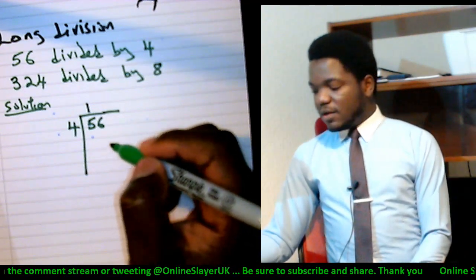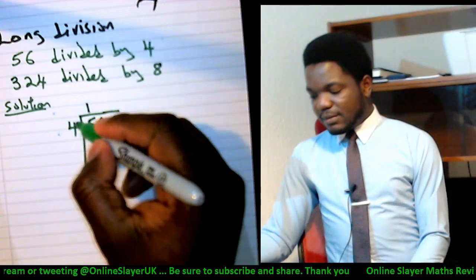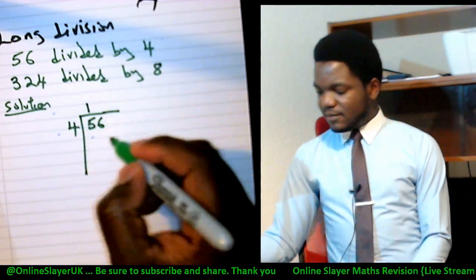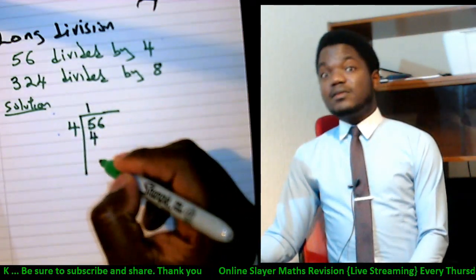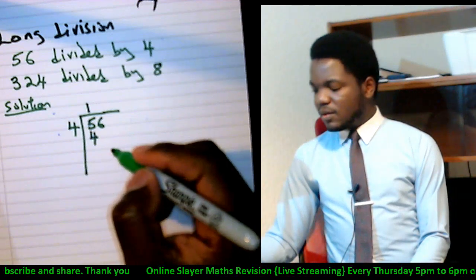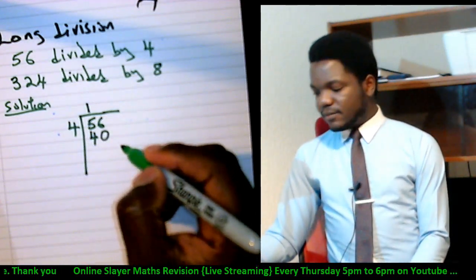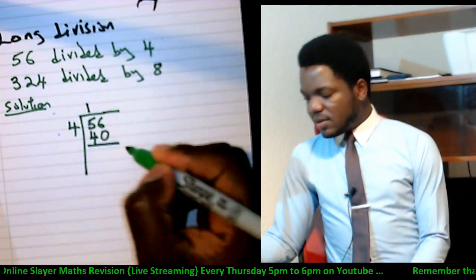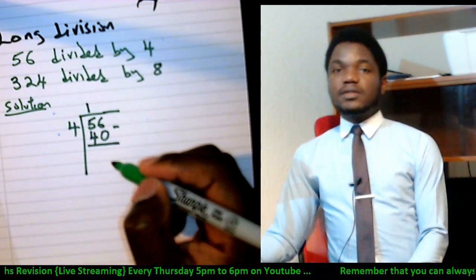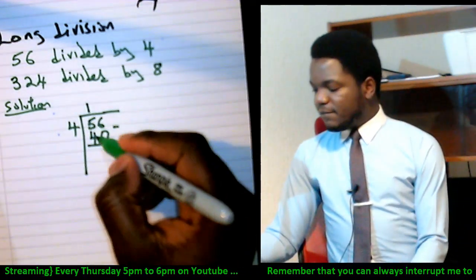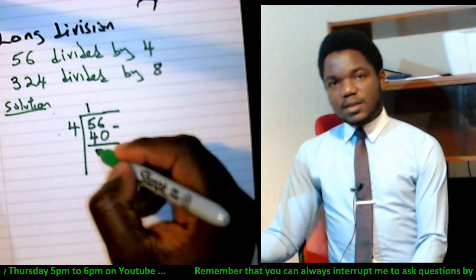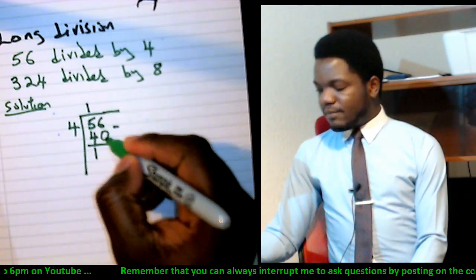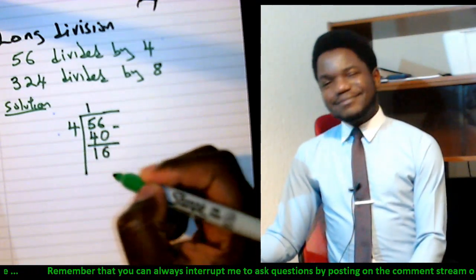You've done enough. So 1 times 4 is 4. So you put that 4 directly under the 5 you worked with. And you put a 0 elsewhere. And you subtract to see the remainder. 5 minus 4 is 1. 6 minus 0 is 6.